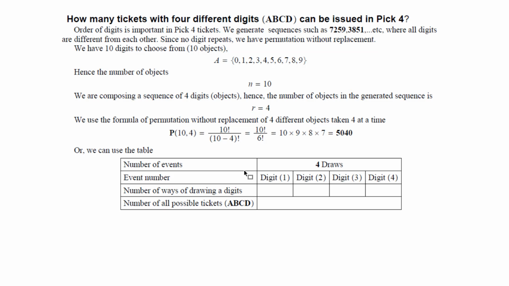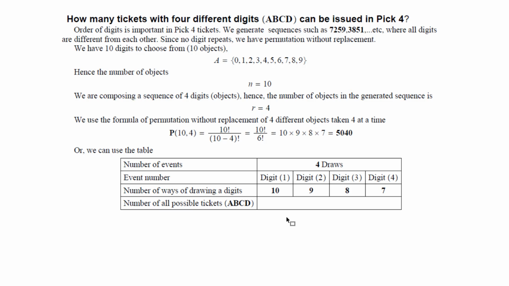Or we can use a table of permutation. So here we have all the events of withdrawing the first digit, the second, the third, and the fourth. Withdrawing the first digit can happen in 10 ways, the second digit in 9 ways, the third digit in 8 ways, and the fourth digit in 7 ways.